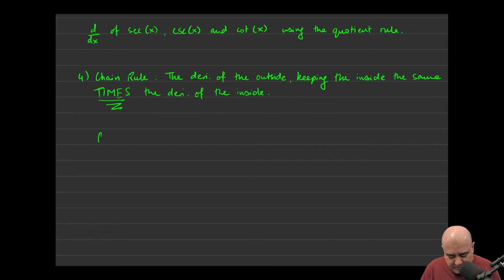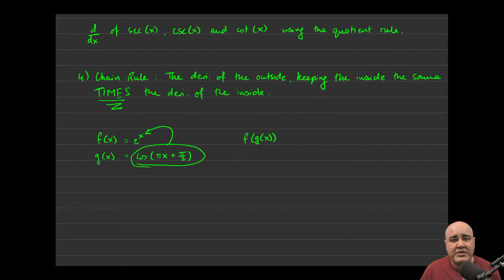As a reminder, say f of x is e to the x, and g of x is cosine of pi x plus e. Let's not go that far. Let's just say pi x plus pi over 2. Now, if I were to ask you what is f of g of x, you would take the function g of x and plug it into wherever you see an x in the original function f.